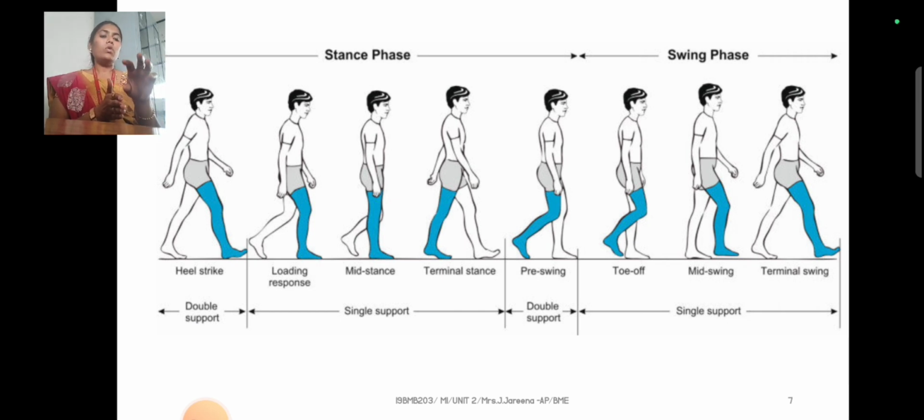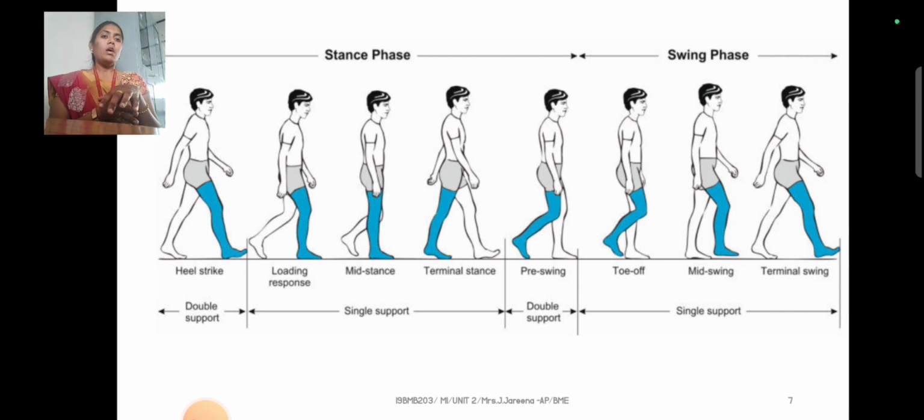Here comes the role of pedography. Starting from the stance phase to the swing phase, how is the load transferred to your foot? Is it transferred equally, and is it maintained equally in both legs?